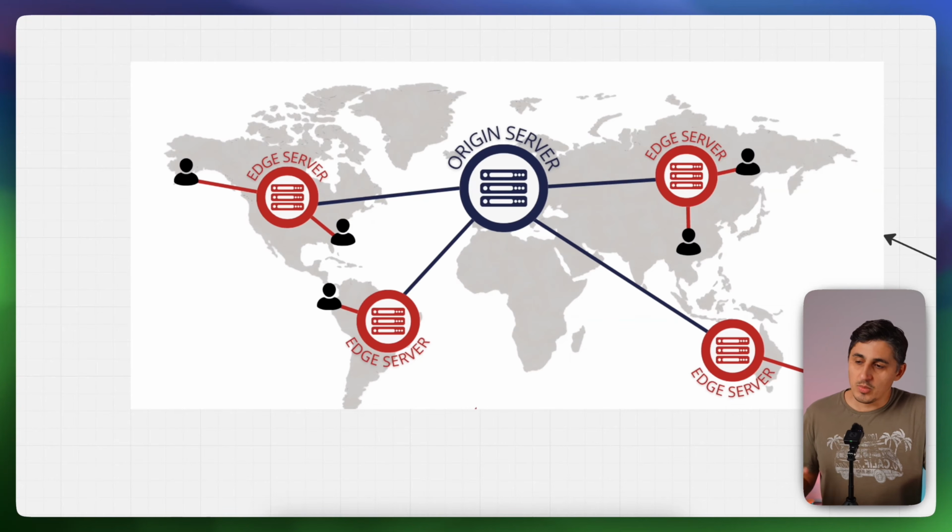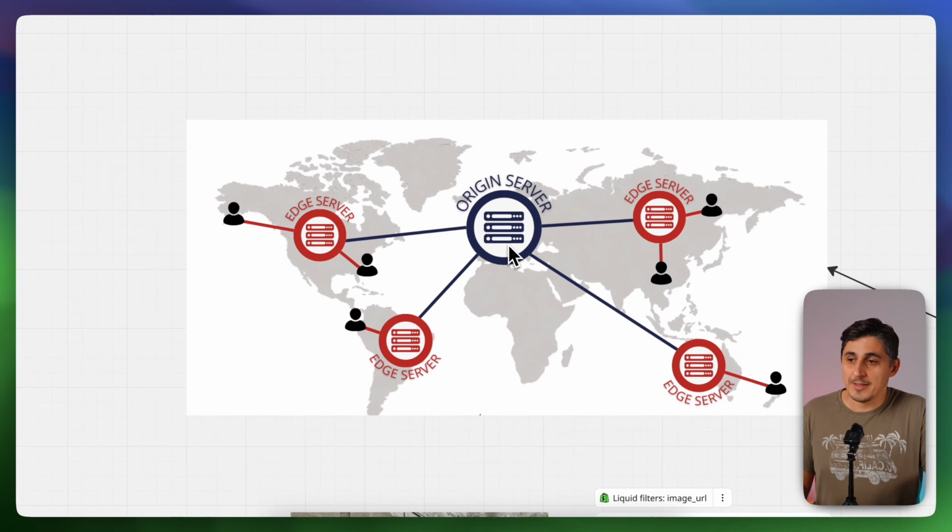Now, there are still websites and systems out there that don't use CDNs, and that's obviously a shame because customers that are far away from the server will have to wait longer to download and will have a worse experience. But Shopify does this automatically. On Shopify, you get a CDN automatically and things are smoother, so customers from far away will still have a good experience on your store.